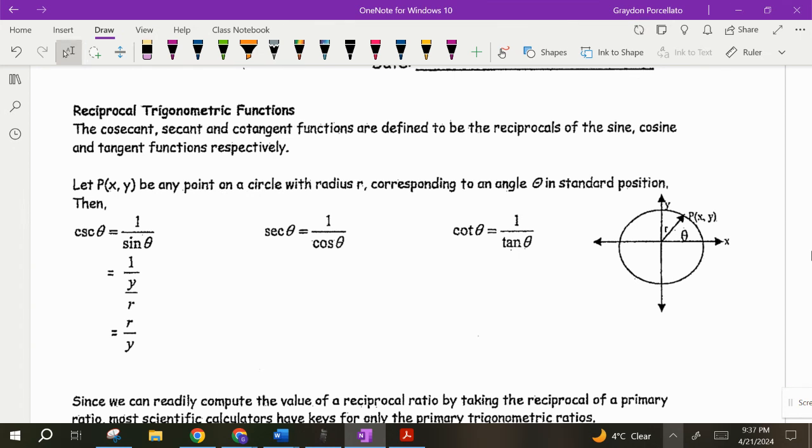Let P be point (x, y) be any point on a circle with radius r, corresponding to an angle theta in standard position. Then cosecant is equal to 1 over sine.